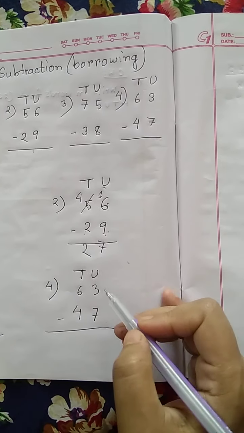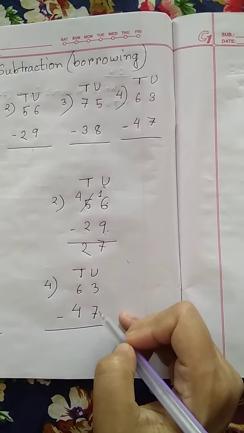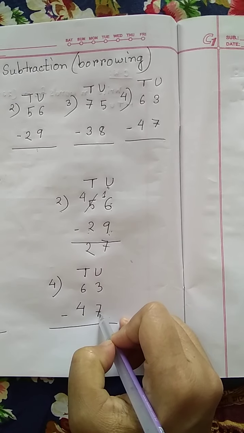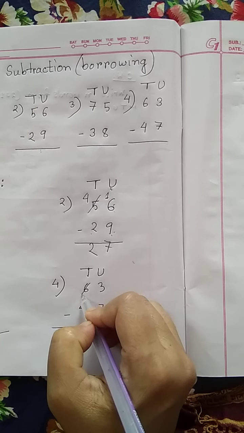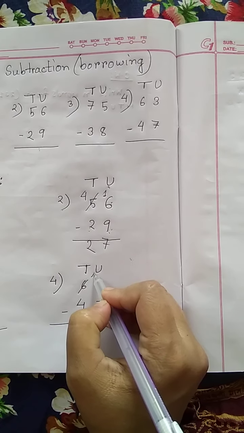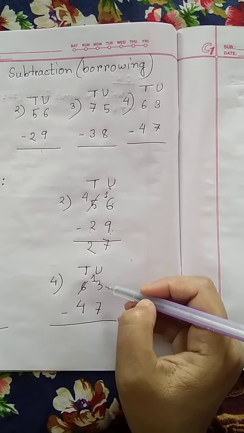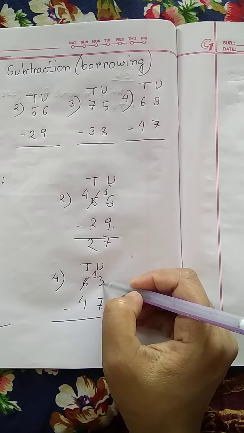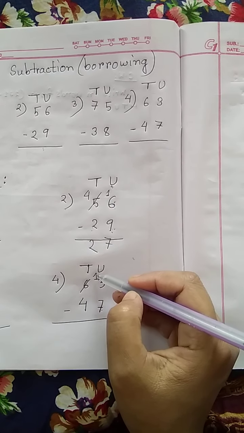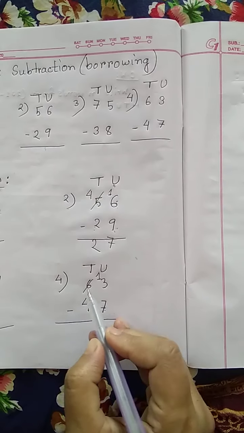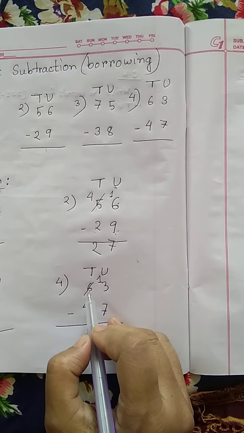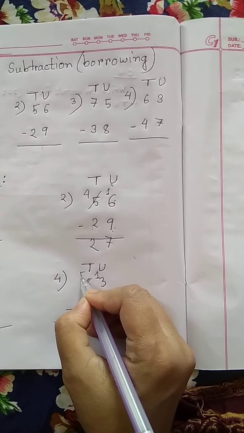Again, the same thing. Here is 3, here is 7. So, I have to make it bigger. How? I will borrow 1 from 6 and place it over here. 1 and 3 together make 13. Again I am telling you, here is 1, here is 3, together 13. And after taking 1 from 6, here will be 5.